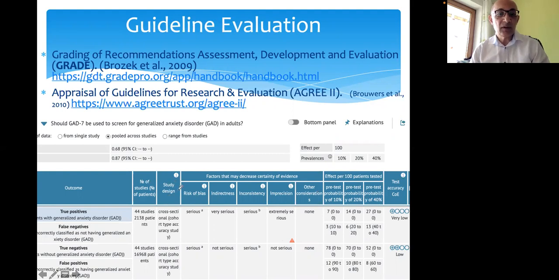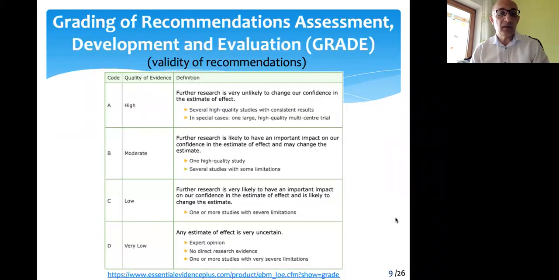In this GRADE tool, you look at the different domains, namely risk of bias, indirectness, inconsistency, imprecision, and other considerations to come up with a conclusion on accuracy, on whether the guideline has a grade of recommendation. Is it low, very low, moderate, or high?